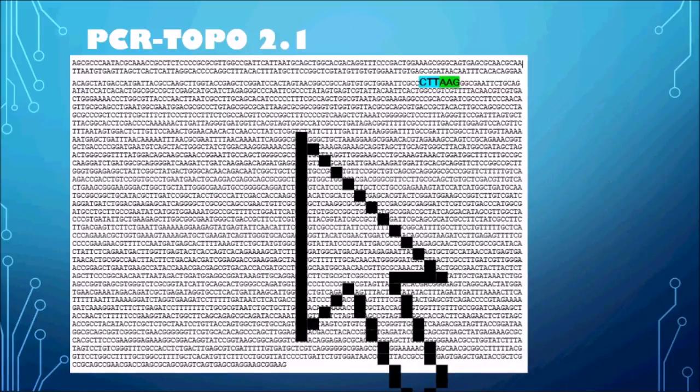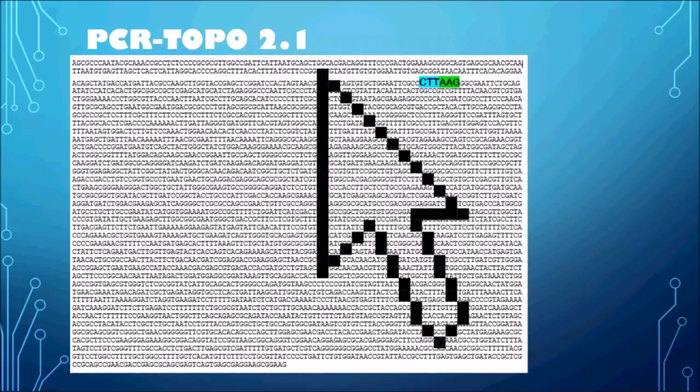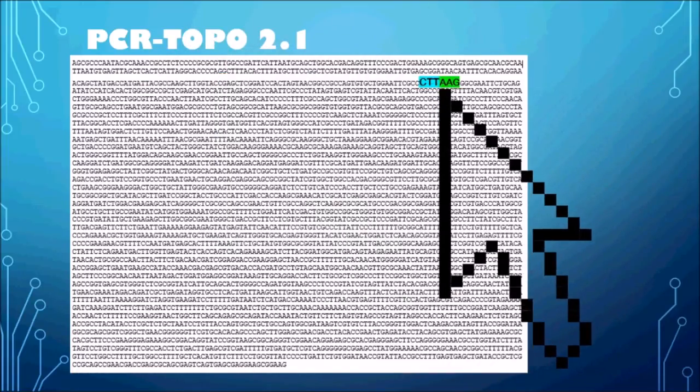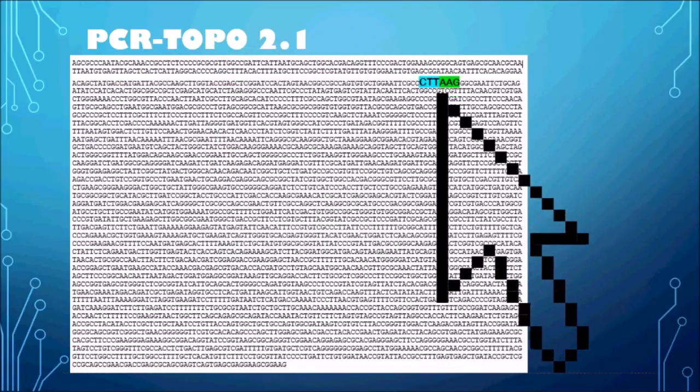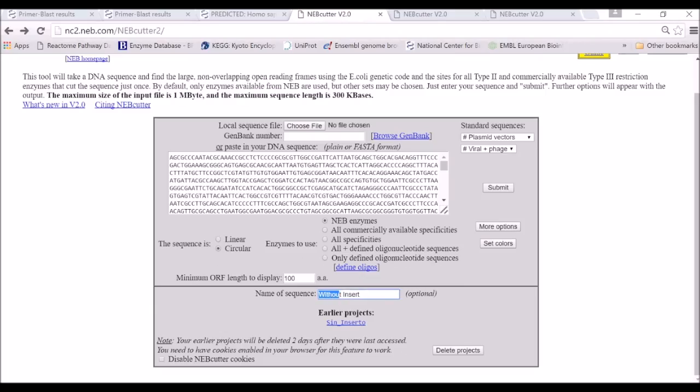This is the vector without the insert, in which we put the regions. In the middle we will insert the PCR product. Here we use the NEBcutter, in which we copy and paste the TOPO vector, and we choose a circular visualization.